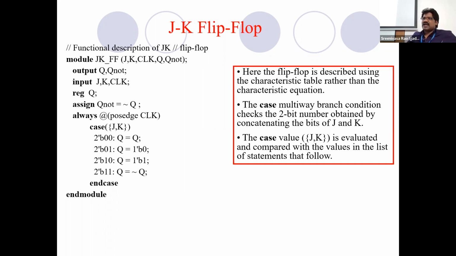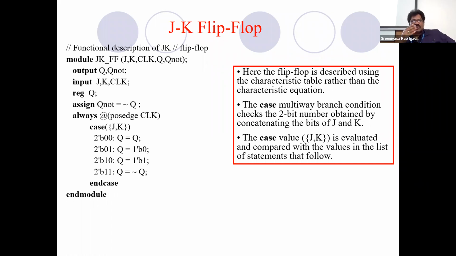I took the example of JK using case statements, meaning using the excitation table. In the excitation table you have some rows and columns. For each combination of inputs, the output, the next state, is something. Based on the table you can implement your flip-flops. This is the approach where you can use the case multi-branching statements.